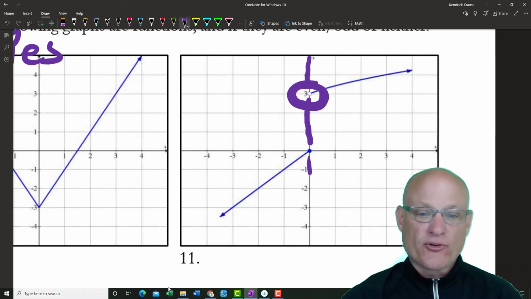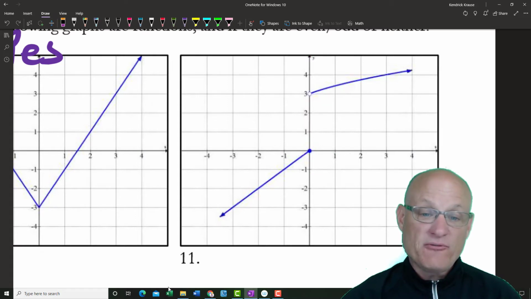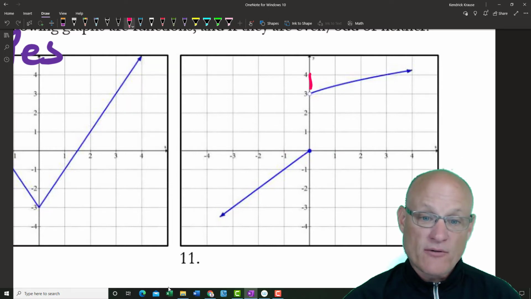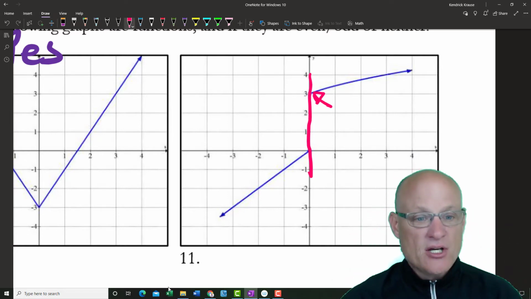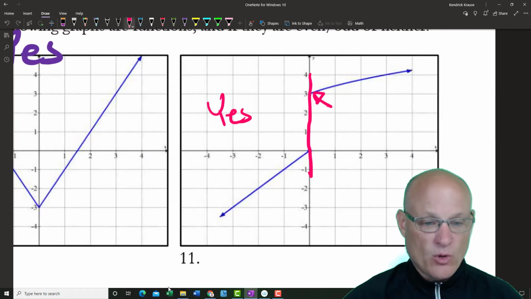But this closed circle down here, it is touching it. So it doesn't touch it here, and it does touch it here. So if I draw a vertical line through, it doesn't hit it here. It looks like it hits it there, but remember, it's a big open circle. But it does hit it here. So this is, yes, a function. Only hits it once.